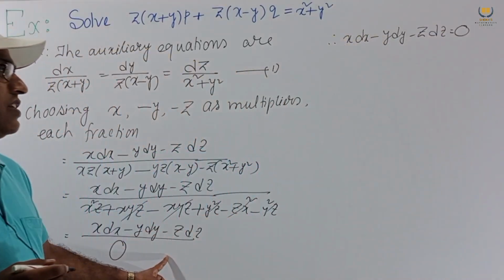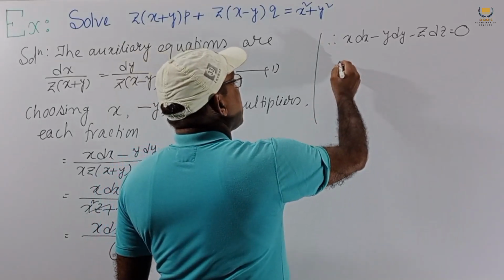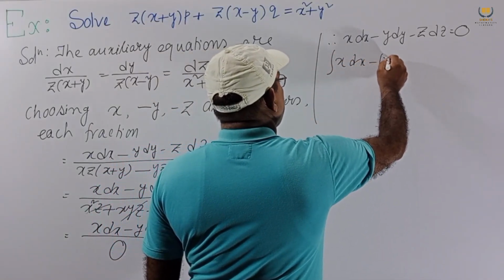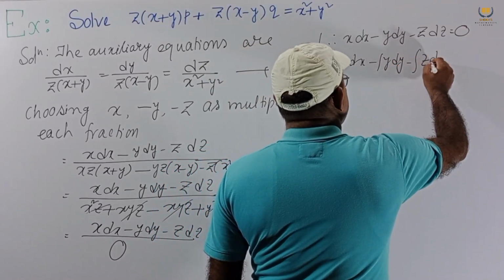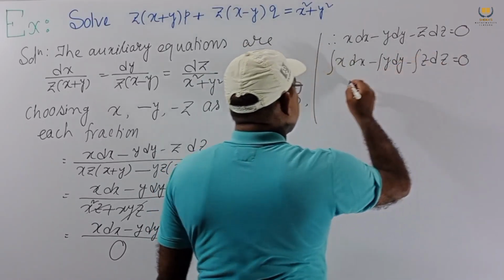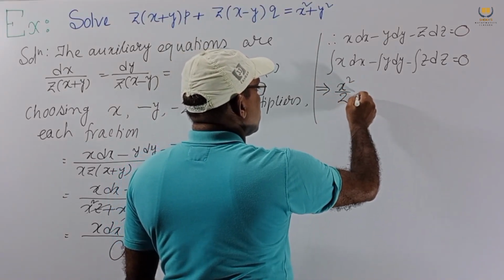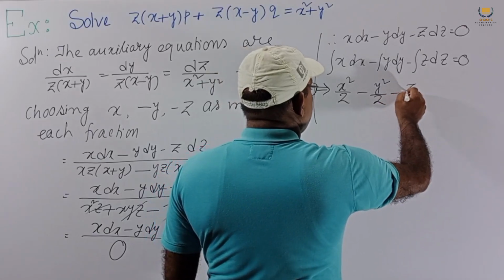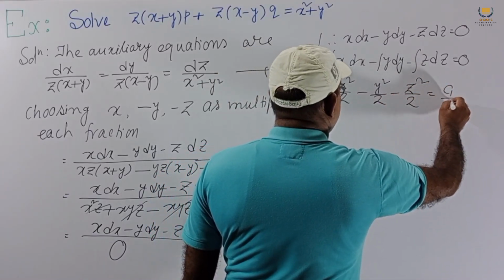Then we can write it in this way by the formula. Now if we integrate both sides, we get x square by 2 minus y square by 2 minus z square by 2 equals c1 by 2.